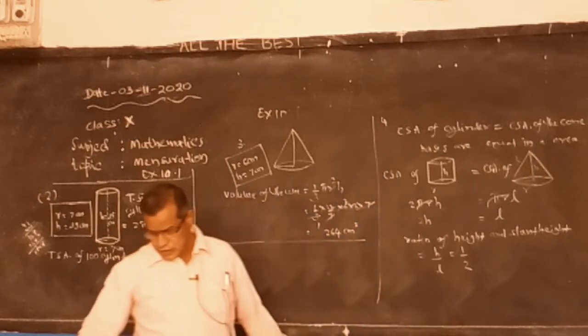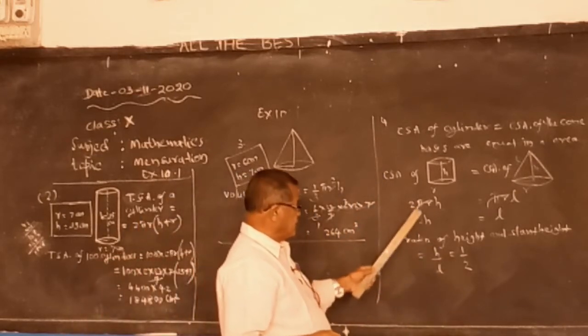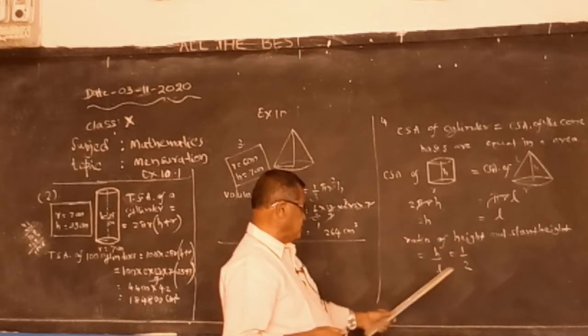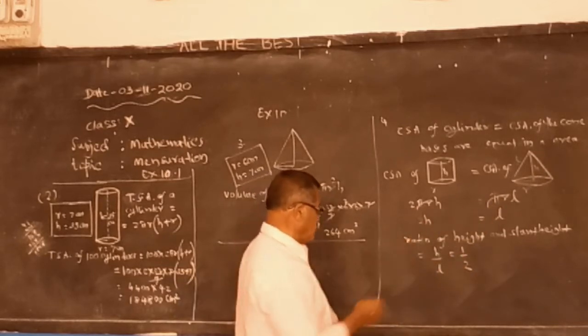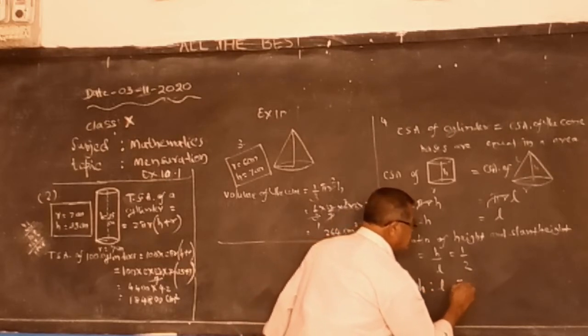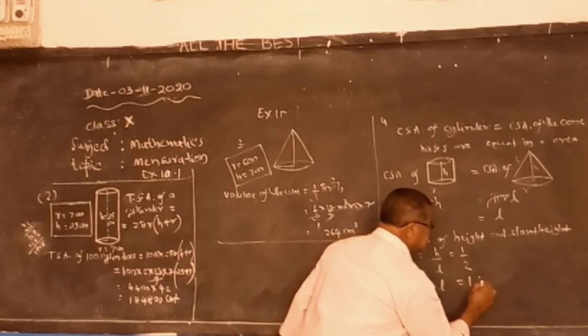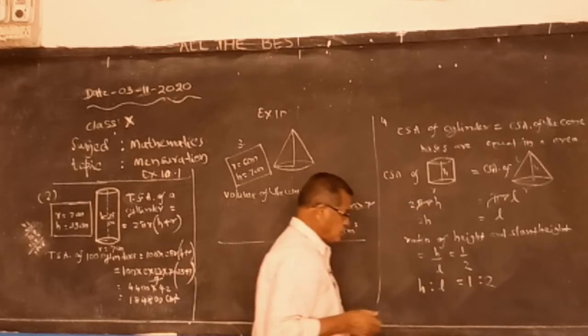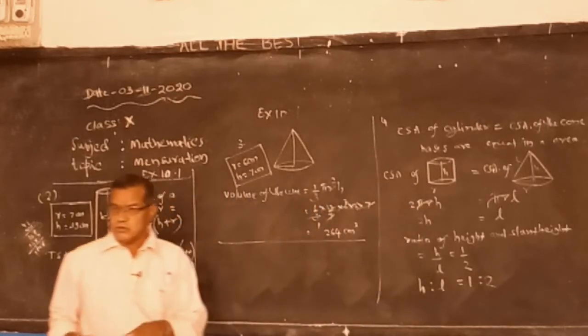If you cross multiply, you will get the above equation, 1L is equal to 2H. Now the ratio H is to L is equal to 1 is to 2. Like this, this is the ratio.